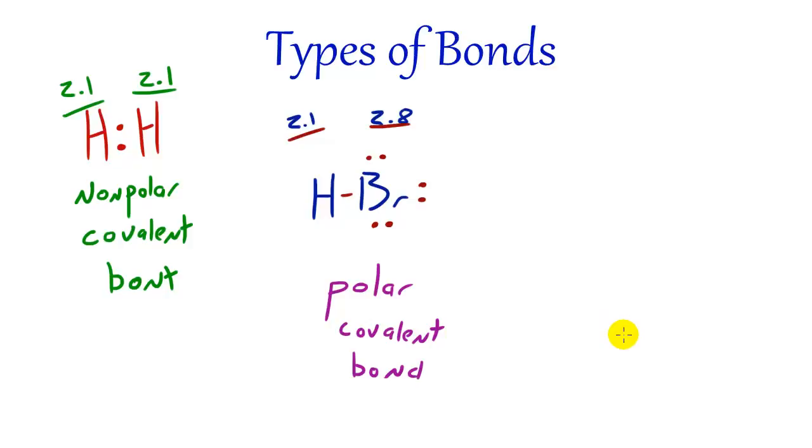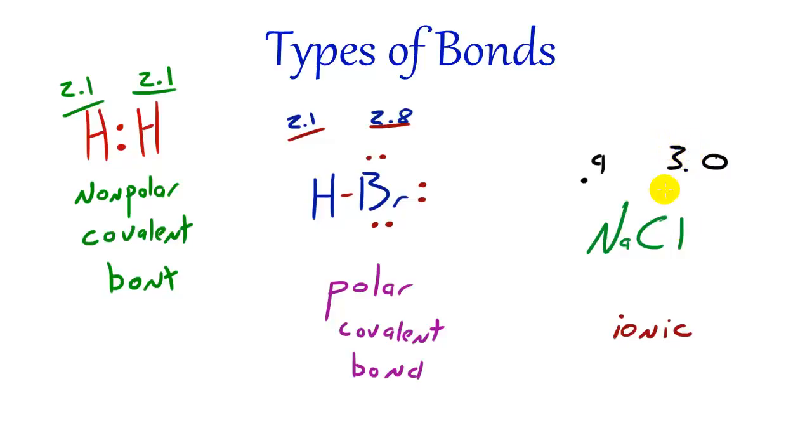So the last type of bond we have is, of course, ionic, and there's only one type of ionic bond, thank God. Now, an ionic bond can form between two elements, and we know that they don't share anything at all. So say we have NaCl, which is sodium chloride, and sodium has an electronegativity of 0.9, which means it's actually really weak, and chlorine has an electronegativity of 3.0.